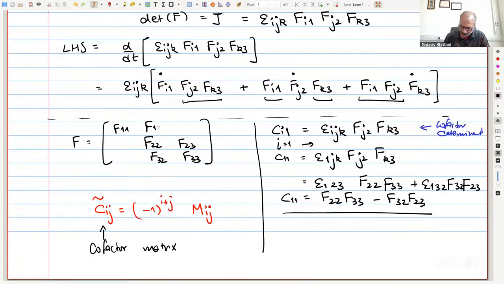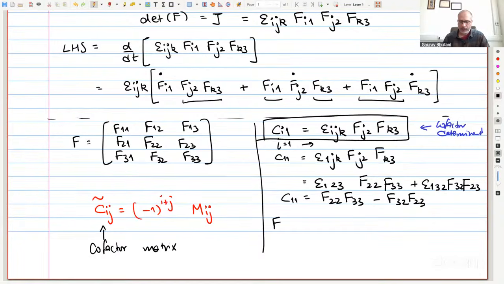I can also write C j2 as epsilon ijk, and this time we have Fk3 times Fi1, and similarly I can write Ck3, the cofactor determinant for kth row and the third column.